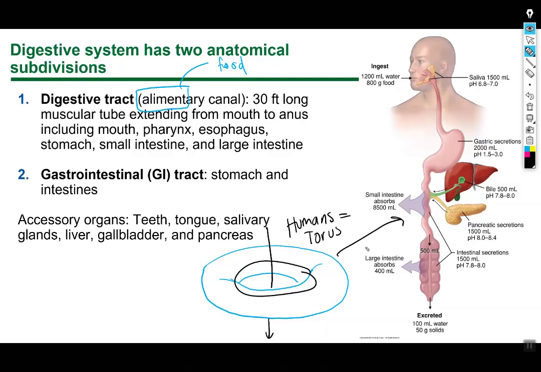Interesting fact, humans are deuterostomes, which means mouth second. Stoma is mouth, deutero means second, which is a nice way of saying anus first.